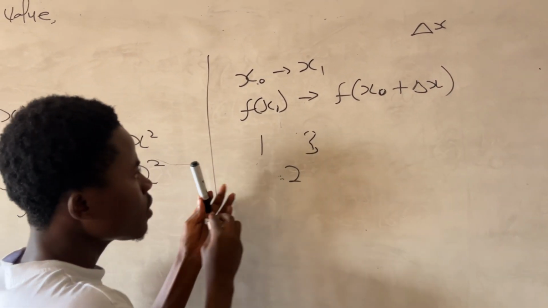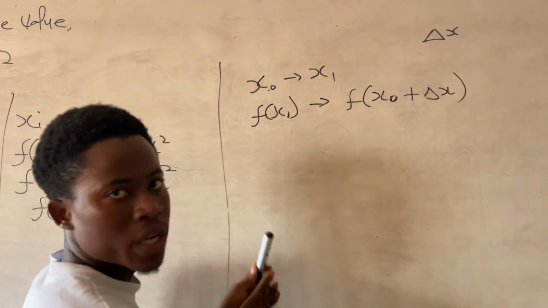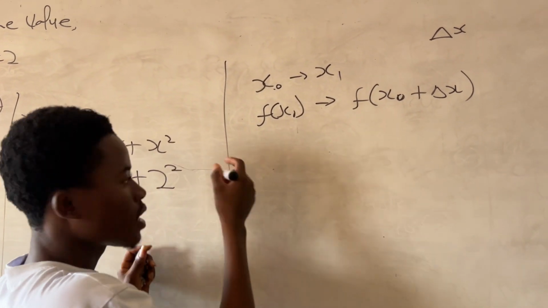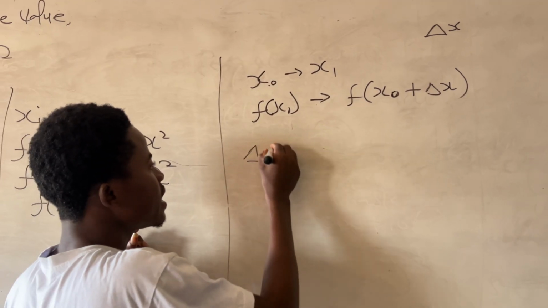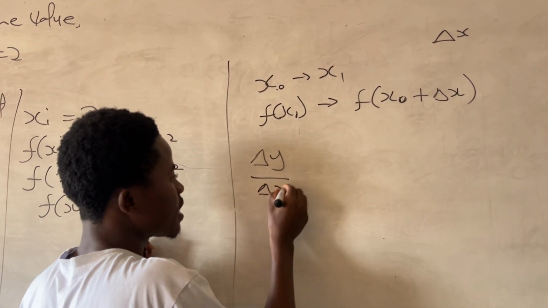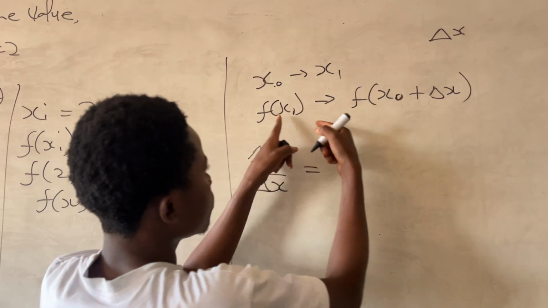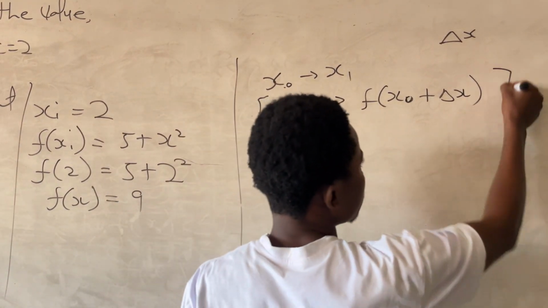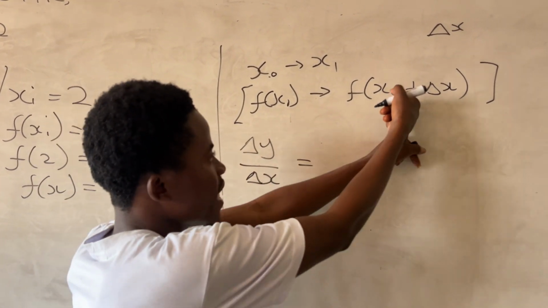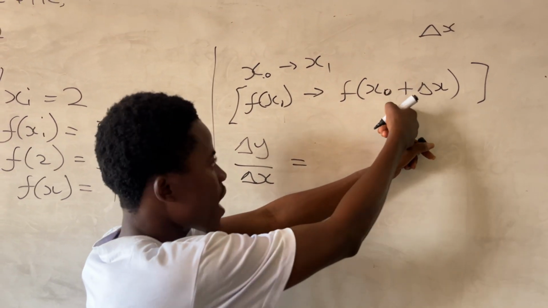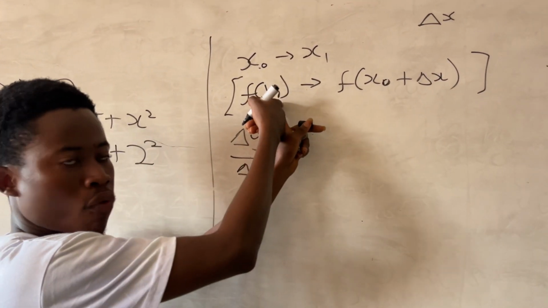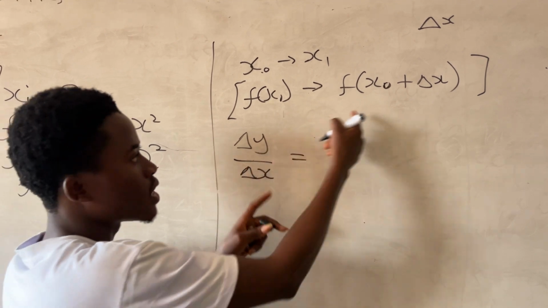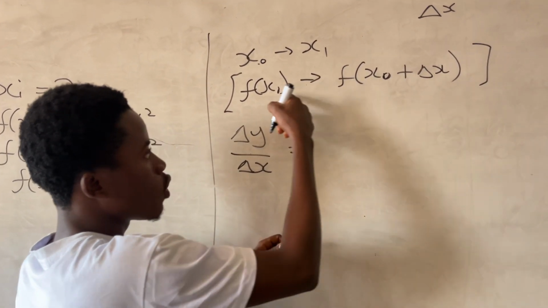Alright, so based on this, we can say that the difference quotient is the change in y over the change in x. We know all this is for y, alright? This is the new value of y, and this is the initial value of y. So the change in y will be the new value minus the old value.